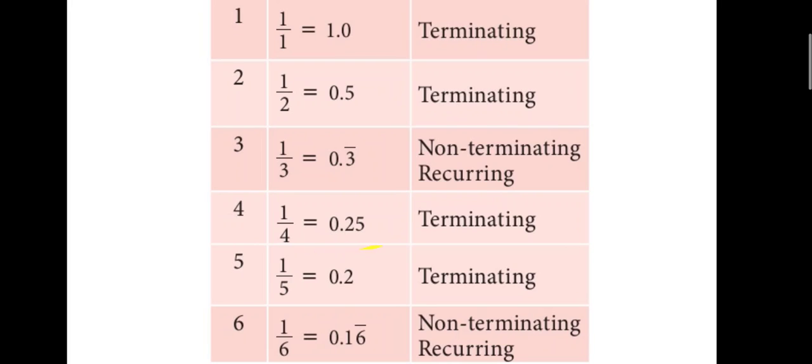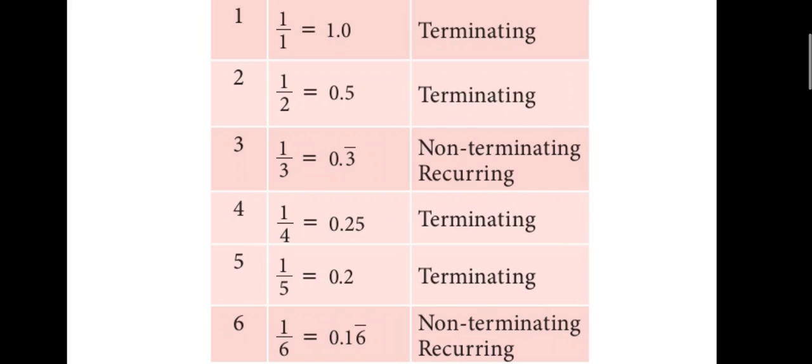1 by 4 is 0.25, so terminating. 1 by 5 is 0.2, it is also terminating. And 1 by 6, when we divide it, we have 0.16 bar, so it is of type non-terminating and recurring.